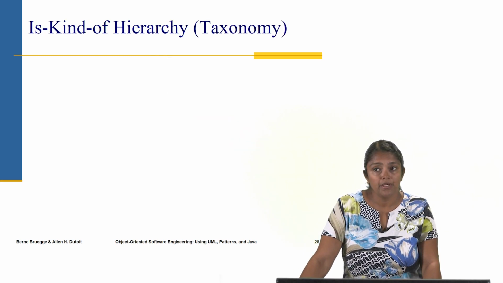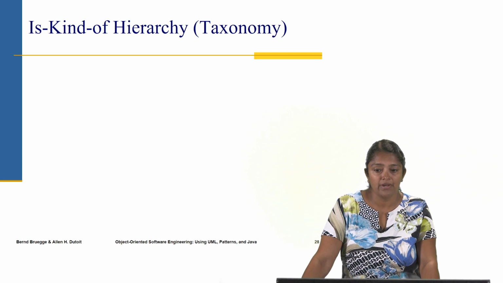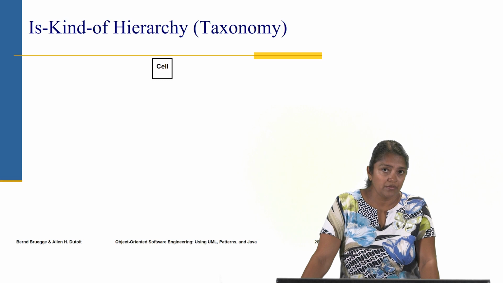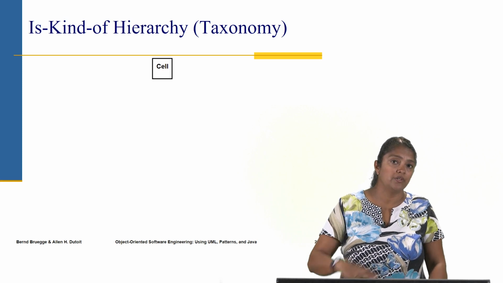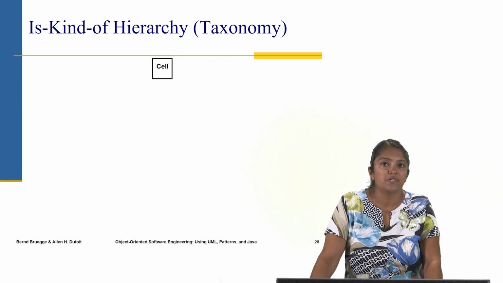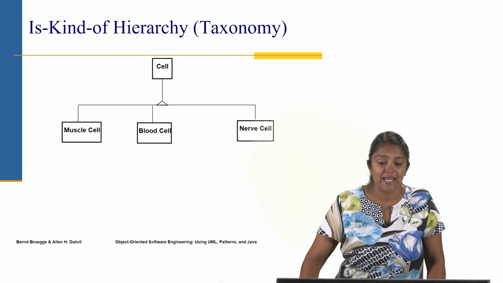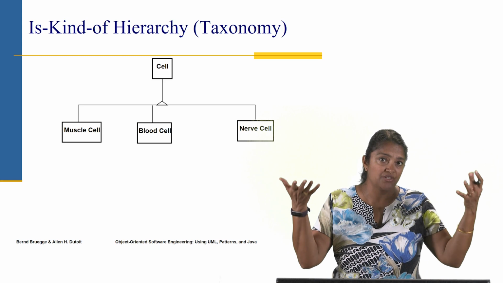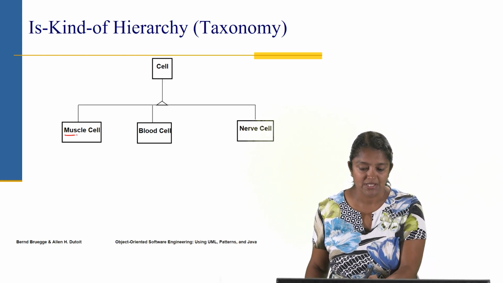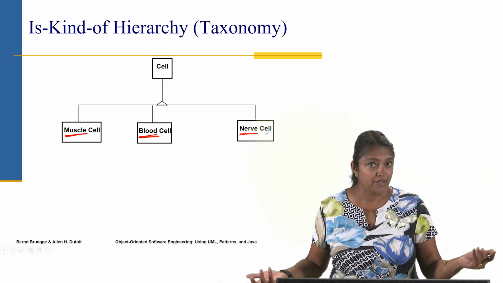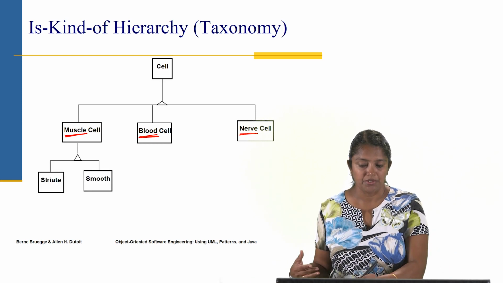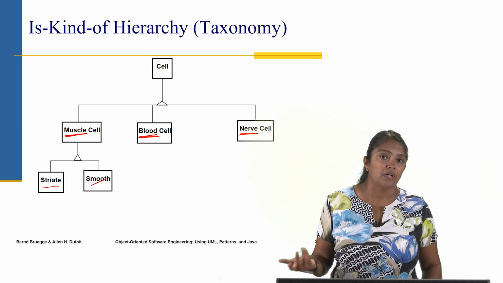Now another way to do it is the is kind of hierarchy. This is like inheritance, wherein you have a more generic object and we derive specific objects out of it. For example, cell is a generic cell, but there could be specializations of cell, say a muscle cell, blood cell, or a nerve cell. The muscle cell can be further broken down into striate and smooth.